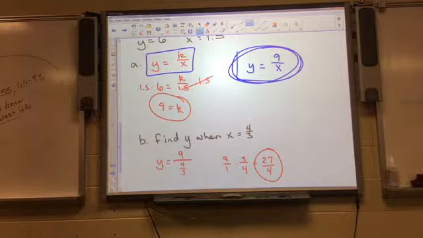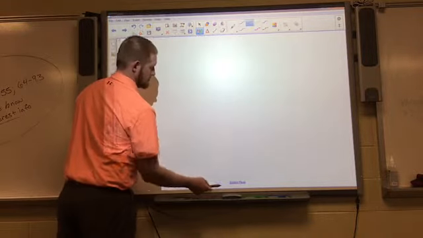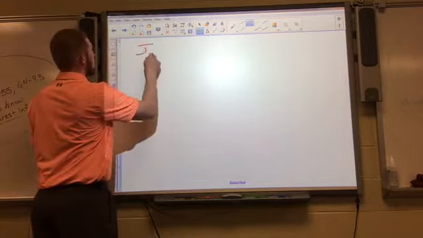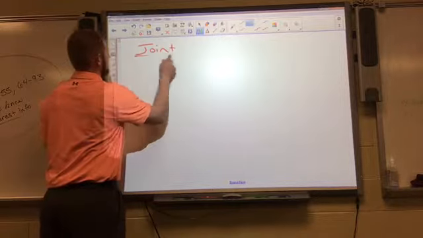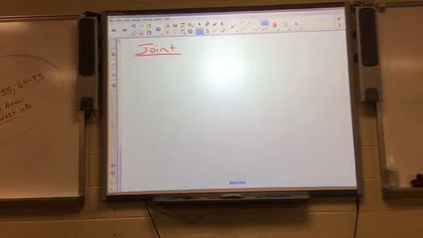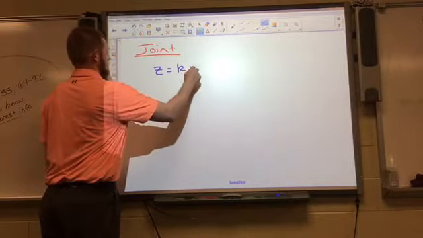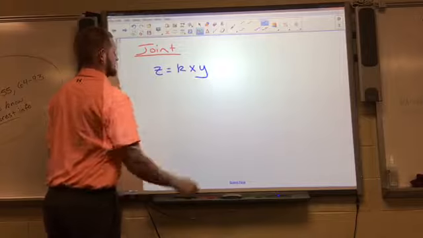Okay. The other one we need to talk about is joint variation. Which is a little bit different because your x and your y actually end up on the same side most of the time. z equals k times x times y.